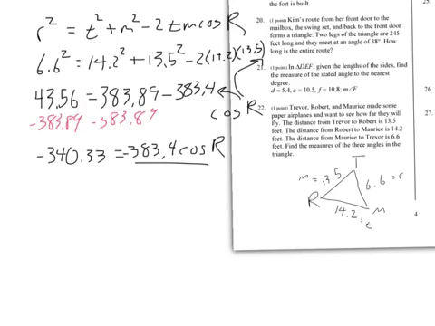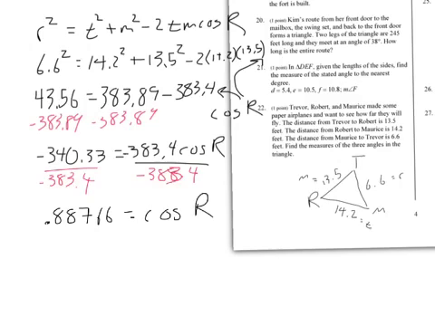Let's divide both sides by negative 383.4. So negative 340.33 divided by negative 383.4 is 0.88766, and so on, equals cosine r.